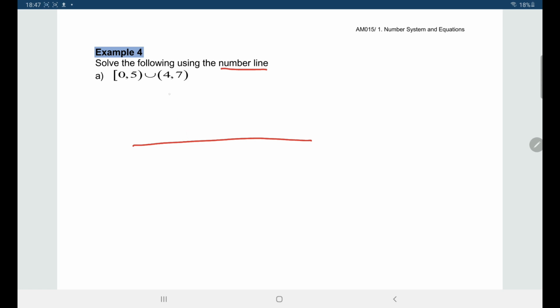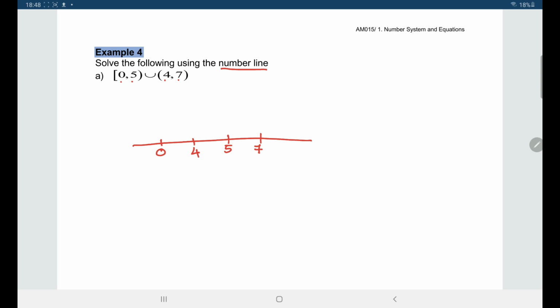From both intervals, from smaller to higher values are 0, 4, 5 and 7. We mark here the smaller value 0, next 4, next 5 and the last one 7.